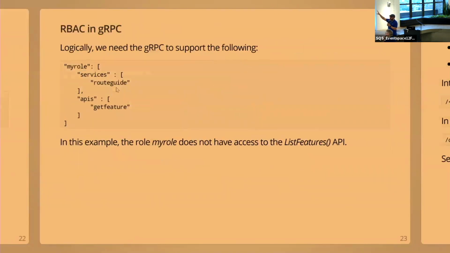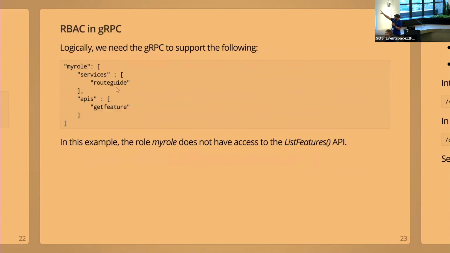So logically, what we want is something called MyRole, right? A role is just a name for a set of rules. Let's call it MyRole, and then we say MyRole has access to the following services, route guide, and it has access to the following APIs in any of those services, and that one's called get feature.